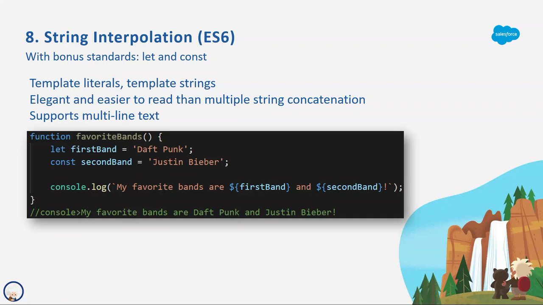This lets you just start with your string template, and then insert variables into the string. So when you're wanting to use string interpolation, use the back tick, not the single quote, that's a back tick.